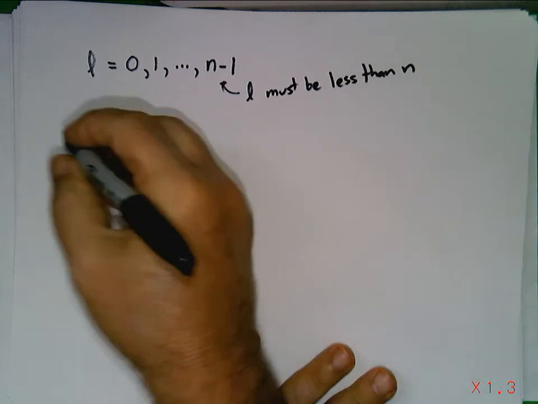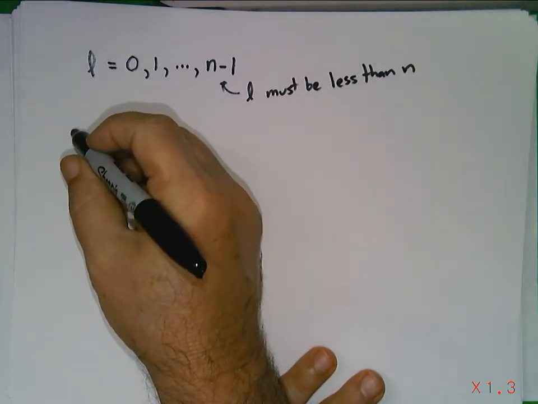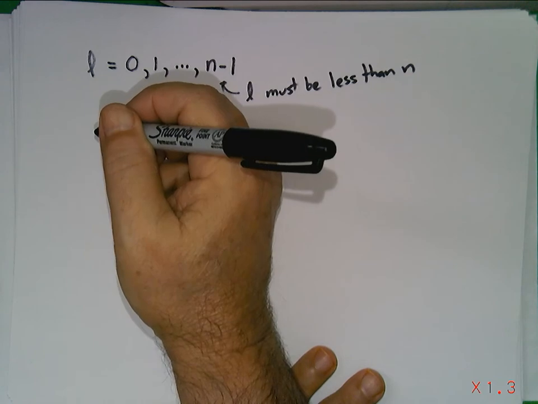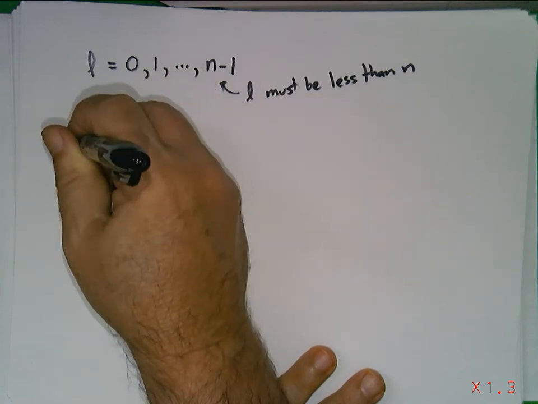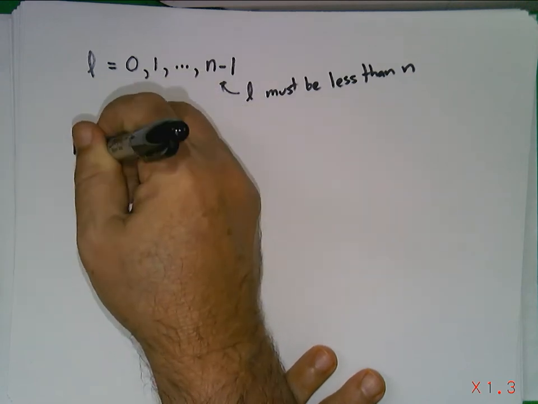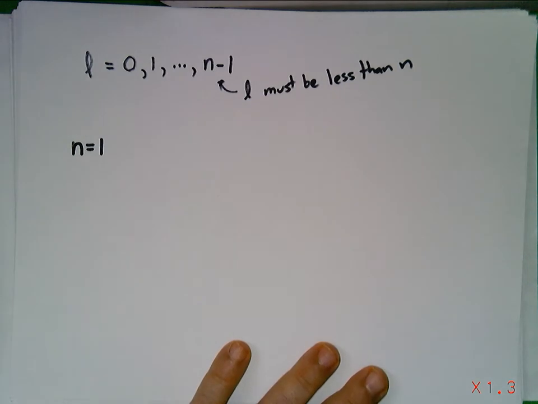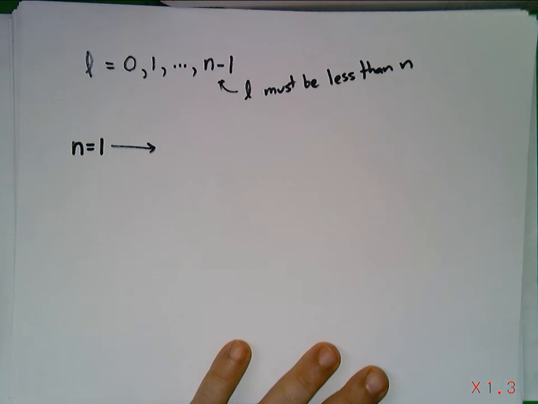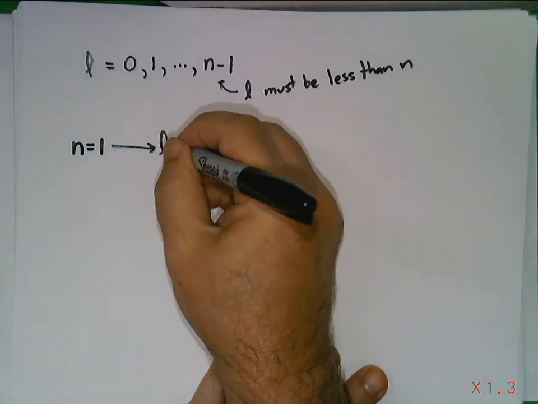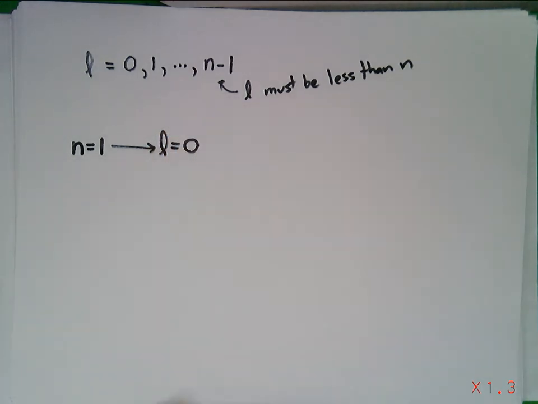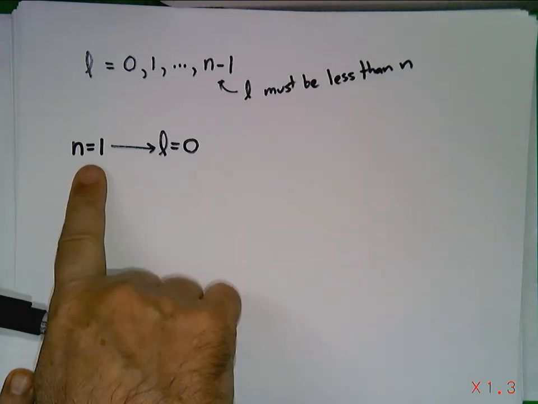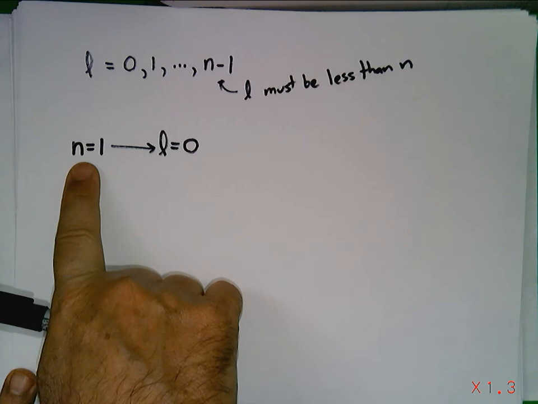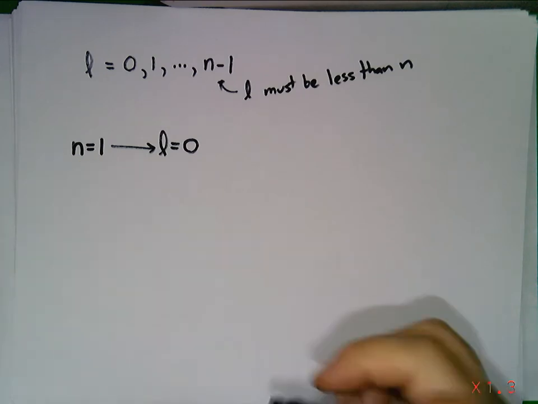So let's list all of the L values that you can have for different shells. The smallest value of n that you can have is n equals 1. What are the values of L that you can have with that? Only L equals 0. That's the only possible value of L that you can have in the first shell. That is the place with n equals 1.